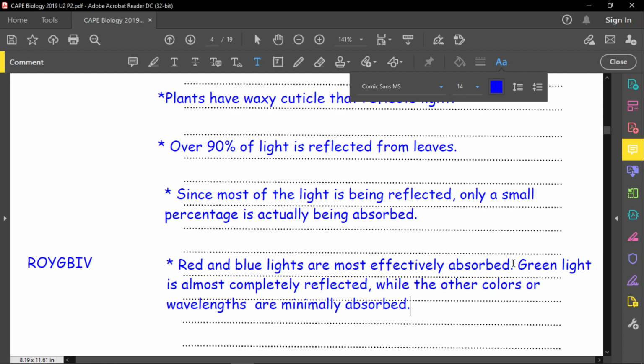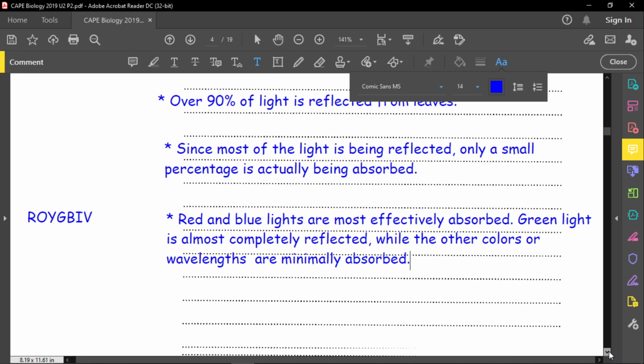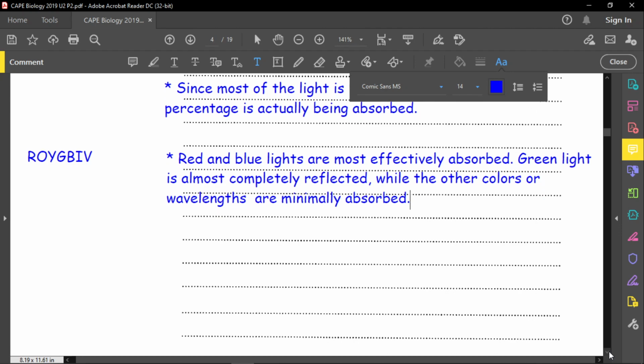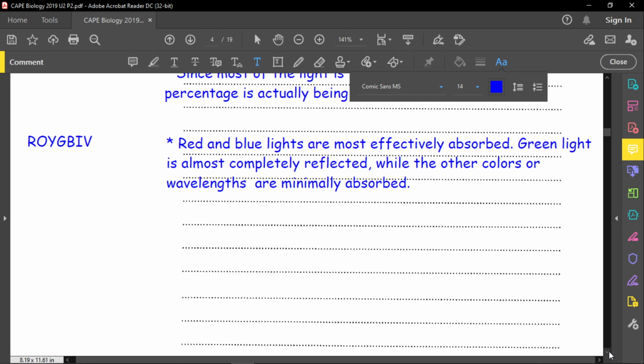So the 2 colors that are mainly used by plants are red and blue light. And if there are 7 colors, that means most of the light itself is not used effectively for photosynthesis or the production of energy. So that's another property of light that will cause less energy to enter the ecosystem, because the producers will not absorb as much of the light energy that is available to them.